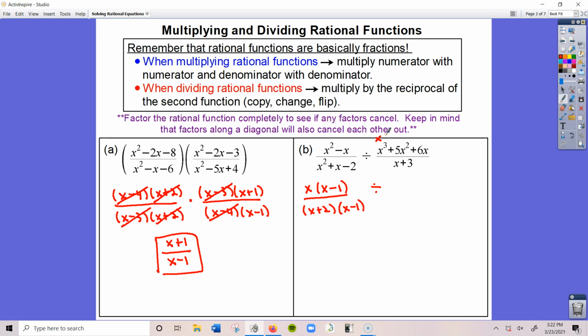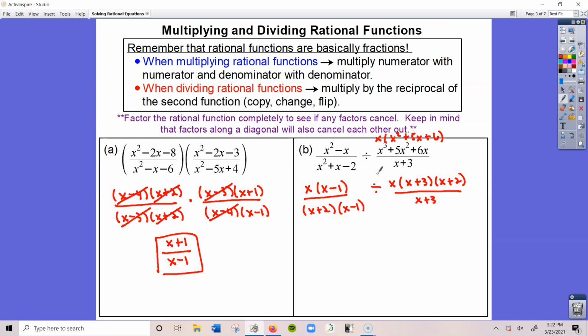First we can factor out an x, which gives us x squared plus 5x plus 6. So I have this x, and then x squared plus 5x plus 6 can be factored to be x plus 3, x plus 2, all over x plus 3.